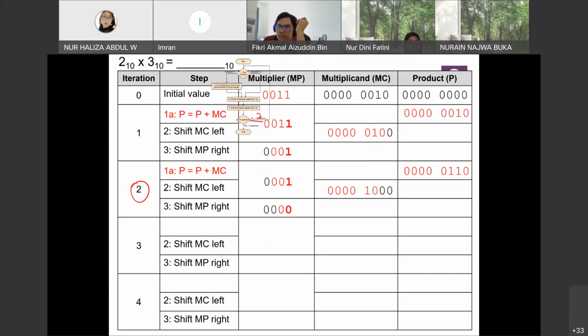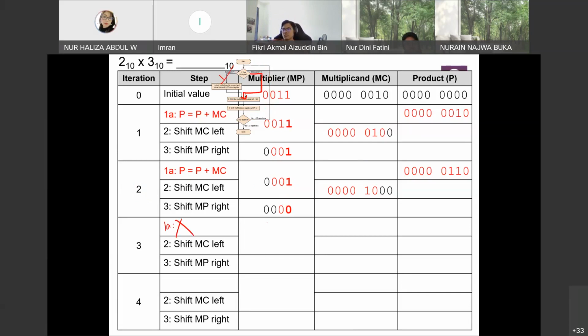What are you going to do? You're going to go back up and see the multiplier, your MP digit 0. It is 0 now. Okay, I'm going to go to the right now. No need for me to do 1A.